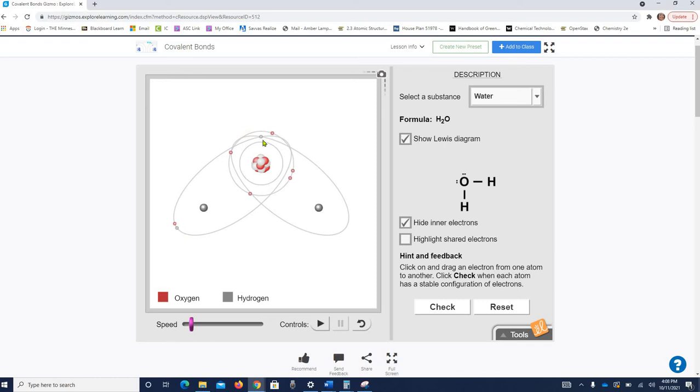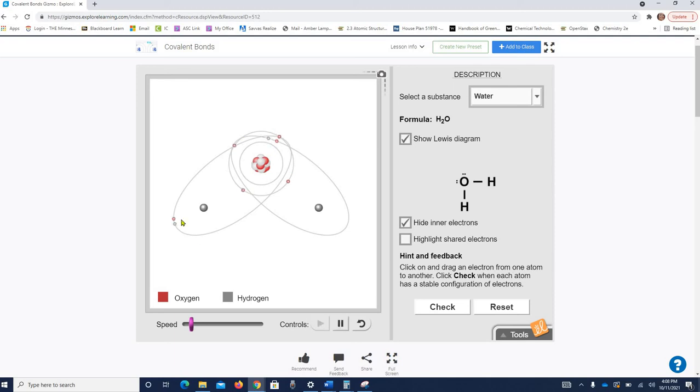So you'll notice once I moved that valence electron over, it created this new pathway. Since I can only have 1 valence electron from hydrogen, that means another valence electron has to come from oxygen. That's the only way you're going to get a shared pair. And you'll notice that I have a couple to choose from. I'm just going to grab this electron here. And I chose from that one, and now I have this shared pair of electrons for this bond as well.